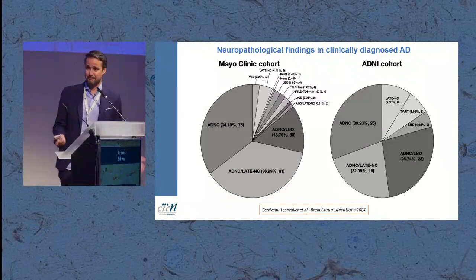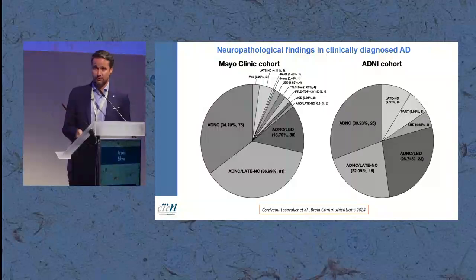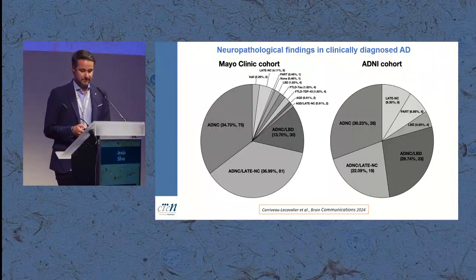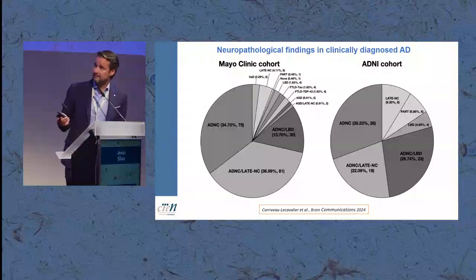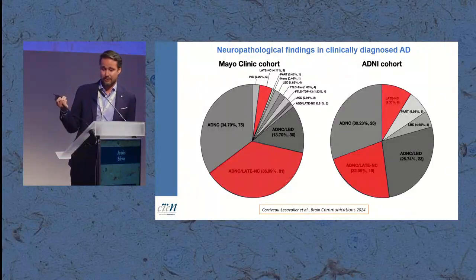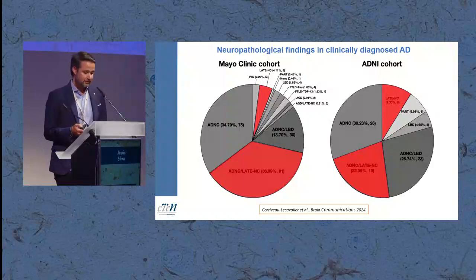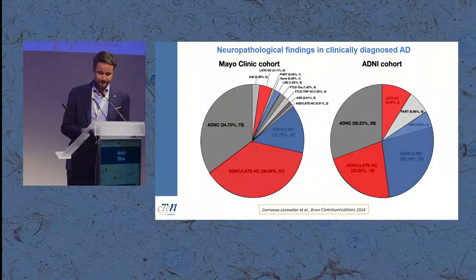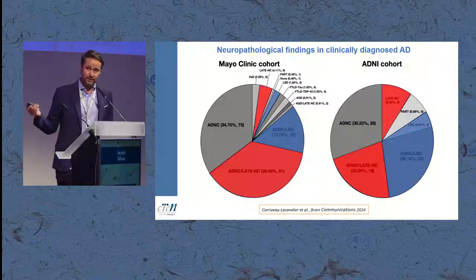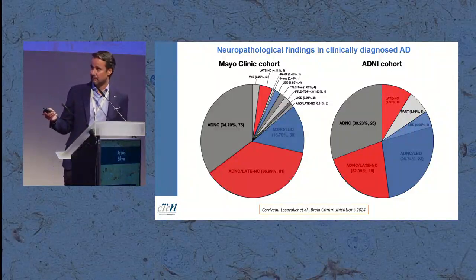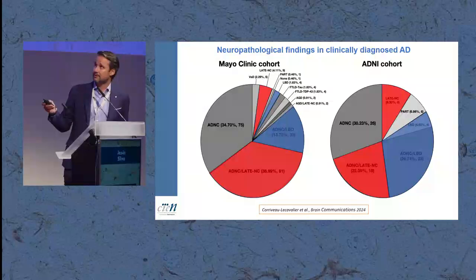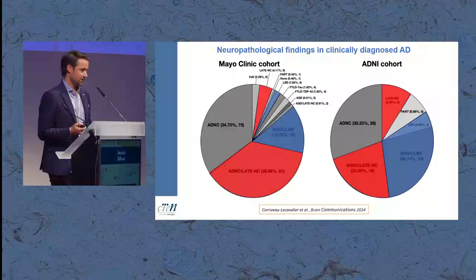And the other pathologies contributing to these cohorts, as already discussed by David, are, on the one hand, LATE, of course, and on the other, Lewy body pathology, whether they are observed as a co-pathology to AD or isolated, in 5 or 10% of the cases, approximately, respectively.